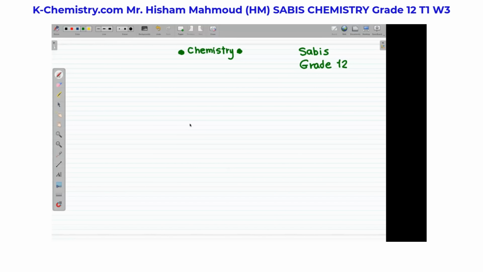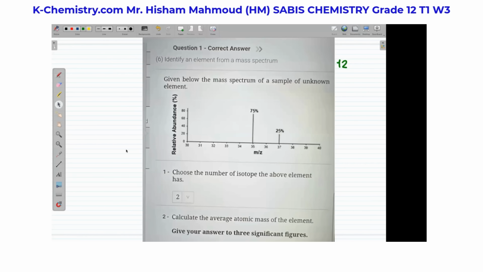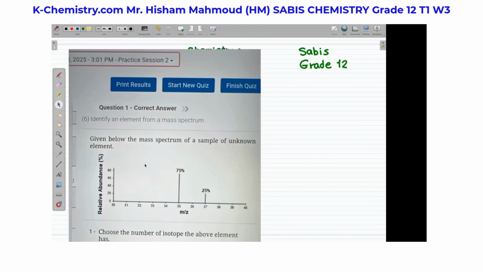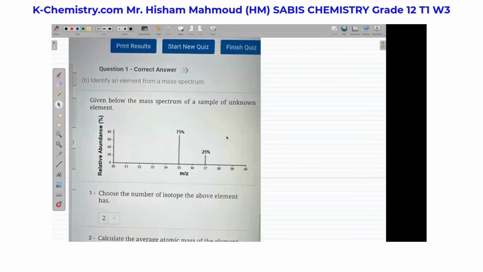Let's see. Okay, so the first question is number 1. This is a screenshot of it. To identify an element from a mass spectrum, given below is the mass spectrum of a sample of a known element.